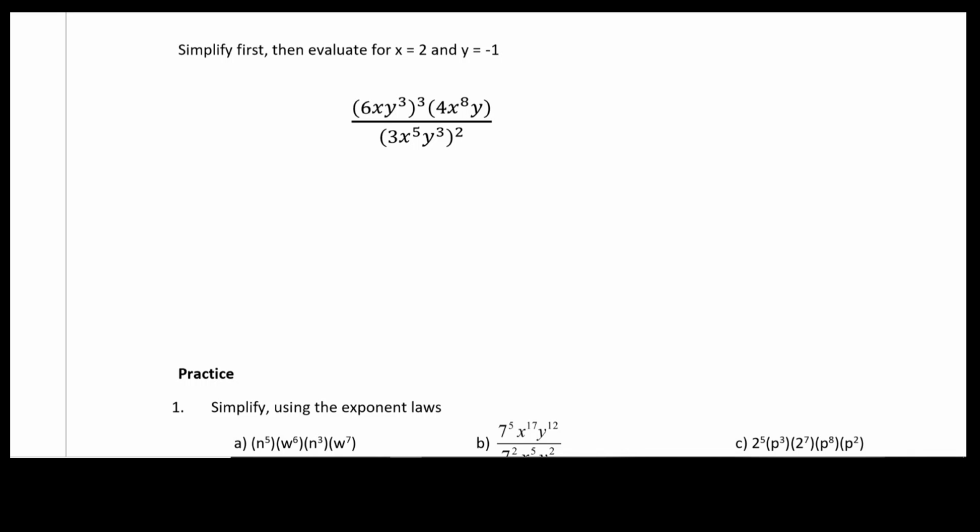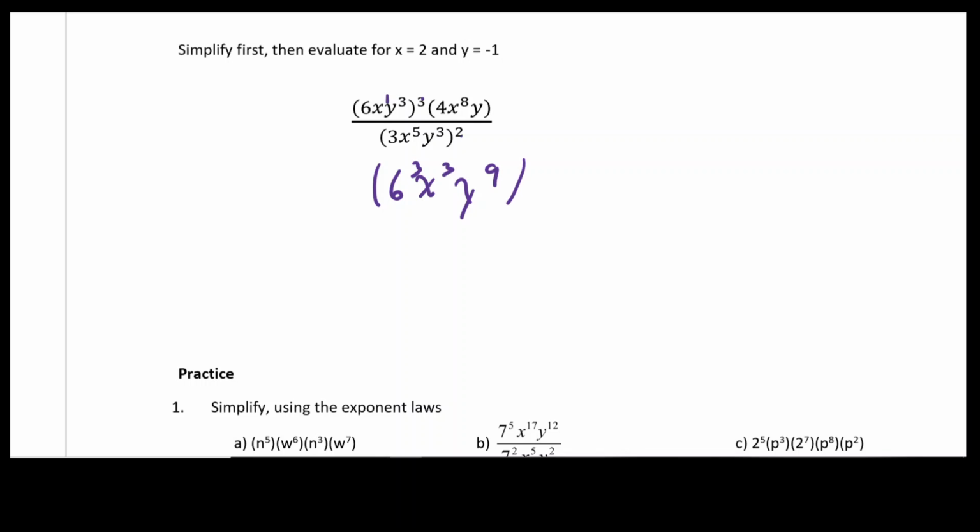So I look at this. I've got 3 different brackets. Some of those brackets have powers on them, so I have to deal with that first. That's sort of BEDMAS coming into play. I've got to do the exponents first, and the most outer exponents is this 3 and this 2 I'm going to deal with first. So that's going to turn into 6 to the power of 3, x to the power of 3, y to the power of 9, because again, this x has a power of 1 on the inside. 1 times 3 is 3.